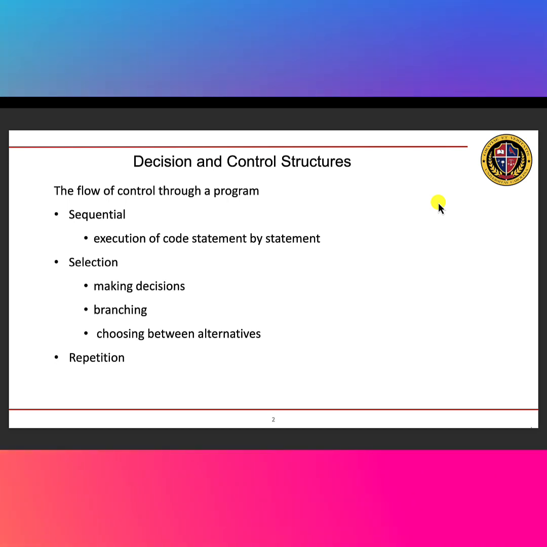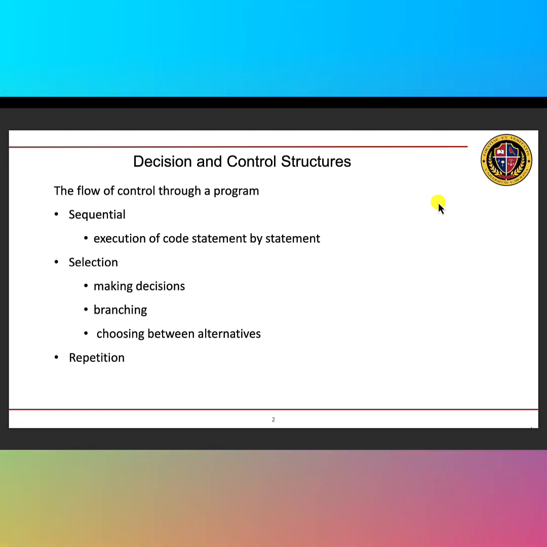So there are three ways in which these steps of instructions could be executed. They could be sequential, where the steps will be followed in sequence from step 1 to step 2 to step 3, or selective in nature. We can run step 1 and then jump to step 3, jump to step 4, jump to step 5, or jump to step 10.